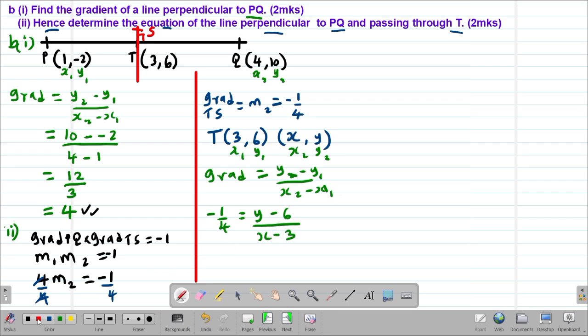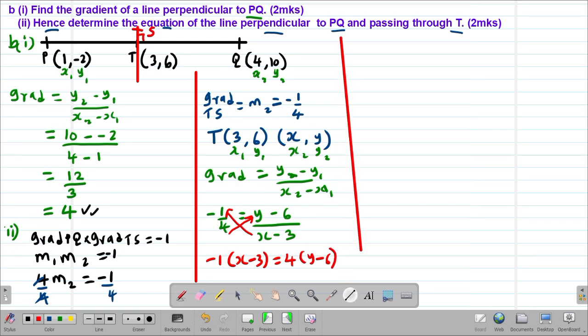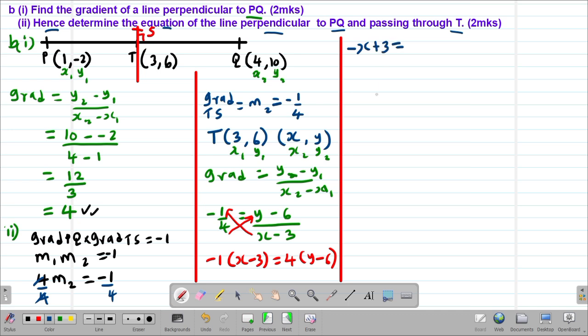Now on cross multiplication, this one will multiply with -1, then 4 will multiply with this part. So we'll end up with -1 into bracket x minus 3 being equal to +4 into bracket y minus 6. If I open the brackets, I'll have -x, then -1 times -3, I'll get +3, being equal to 4y.